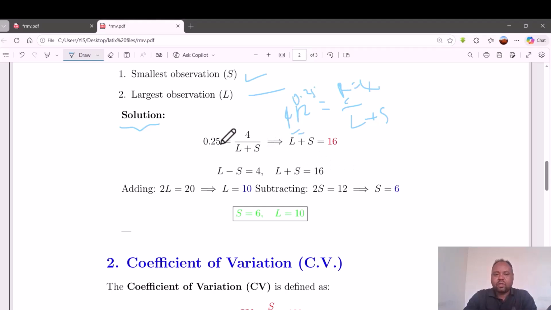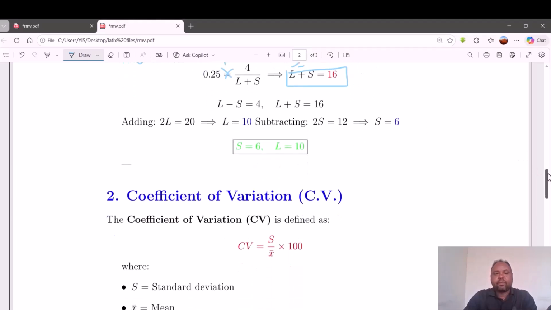From this, by cross multiplication, we obtain the equation L plus S is 16, because 0.25 is 1 over 4, then 4 times 4 is 16. Then this ratio becomes a linear equation.